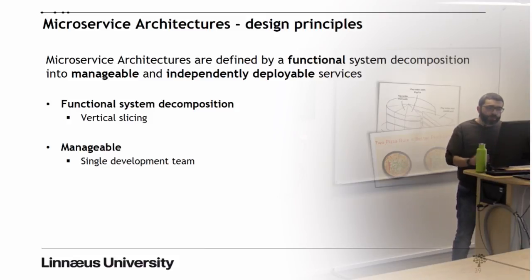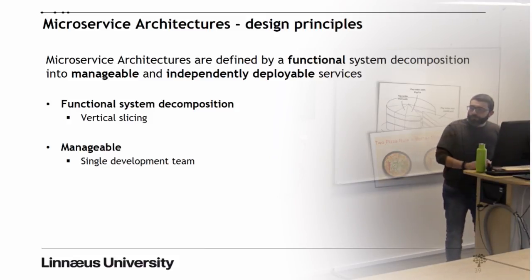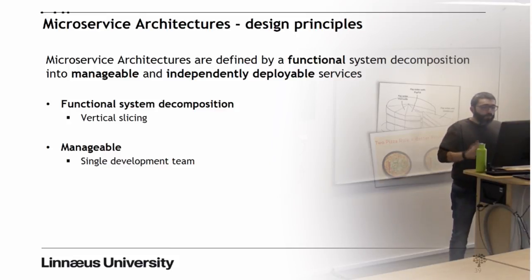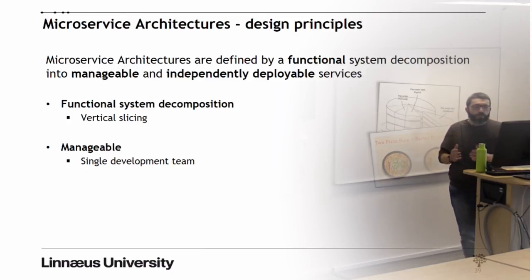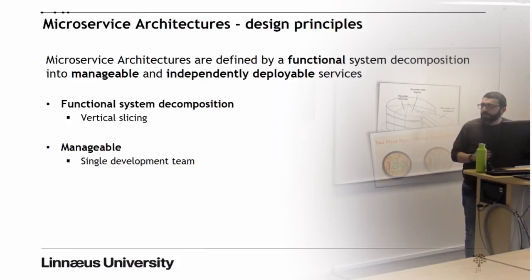With two pizzas you can feed almost four people, depending on the size of the pizza, of course. But a small team should be enough to implement and manage a single microservice.